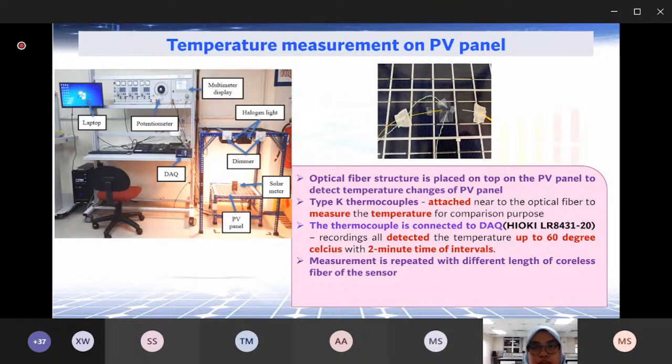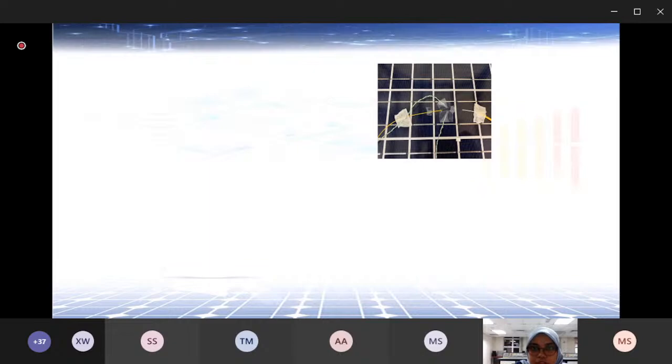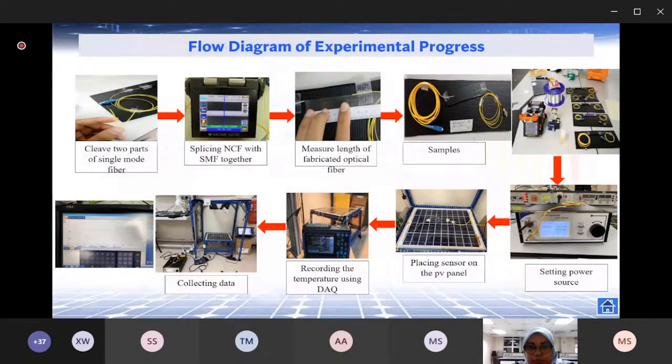There is a dimmer where I will control the knob, starting from very low light until the highest it can go, while the temperature of the photovoltaic panel itself is recorded in parallel as the PV panel receives light, measured using the DAQ, as you can see in the previous slide.